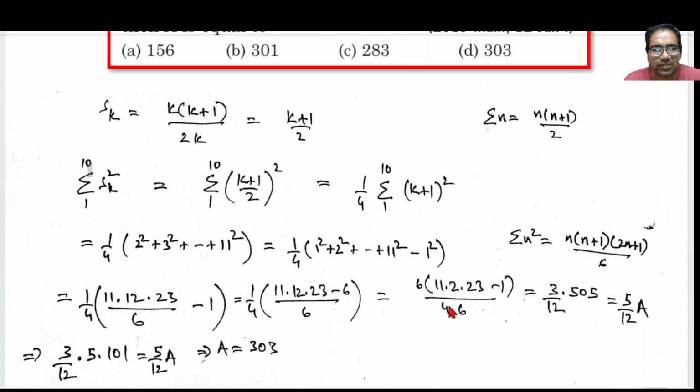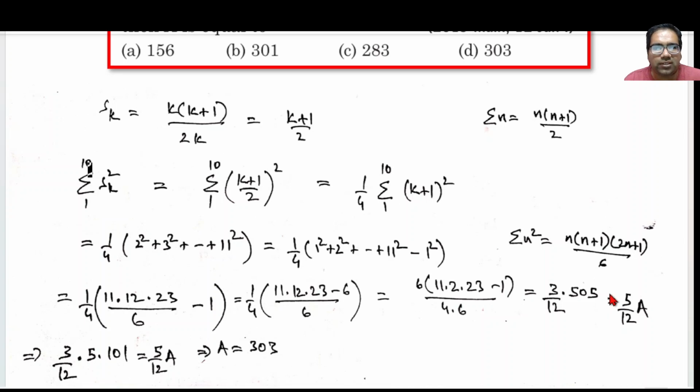Let us simplify this also. Here we have 4 into 6. Let's make it 2 into 6, and the remaining 2 we cancel here. So this becomes 3 by 12. And the inside part, 11 into 2 into 23, is 22 into 23 or 46 into 11, whatever. This simplifies to 3 into 505.